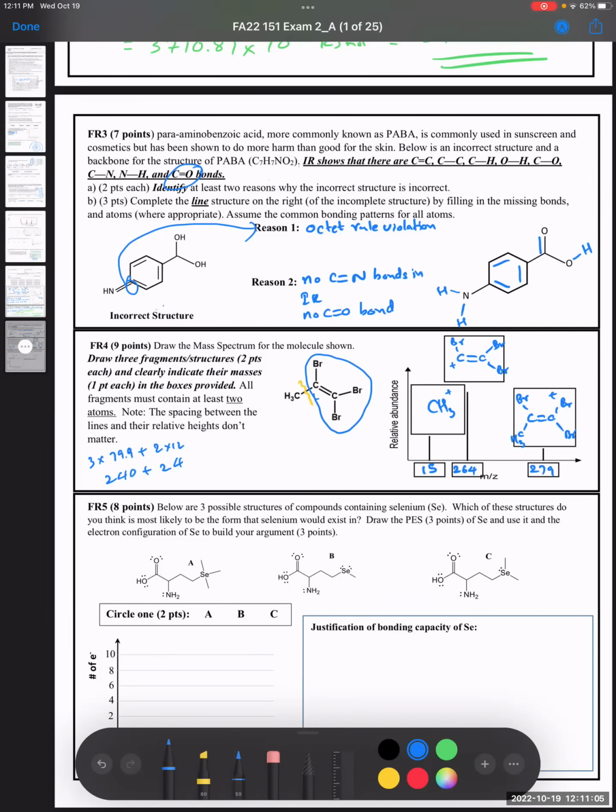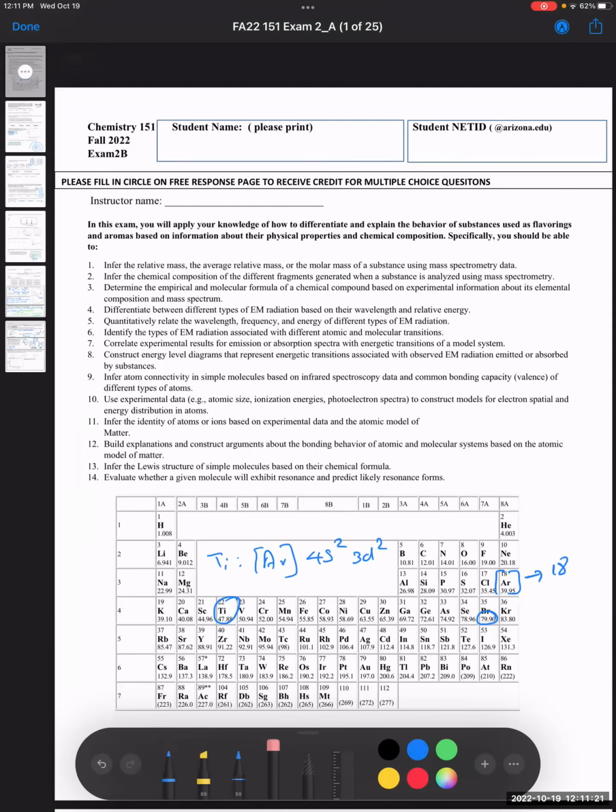Now moving on to the last question. We have selenium. Which of these structures do you think is most likely to be the form that selenium would exist in? If you go back to the periodic table one more time, selenium is in group 6.